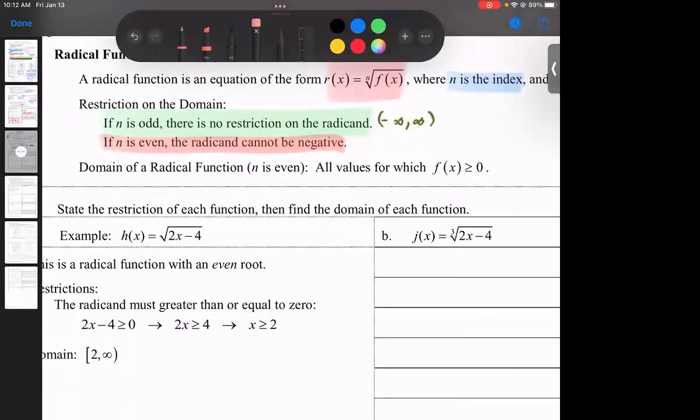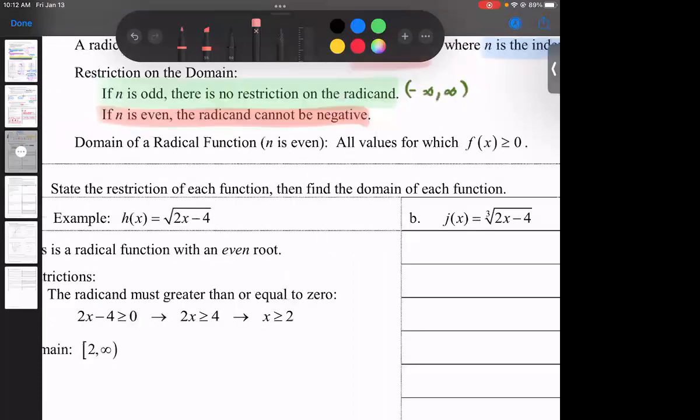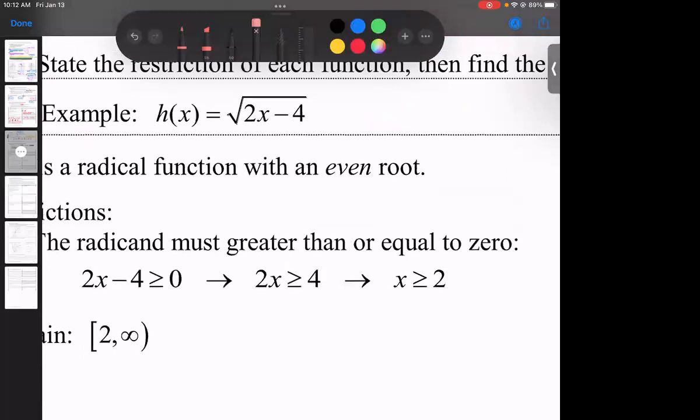For example, I have y equals square root of 2x minus 4. It is an even index, 2, right? So what do you have to do? Whatever is under the radical, which is 2x minus 4, you have to set it at least 0, and then you solve for x. So that means x has to be at least 2.